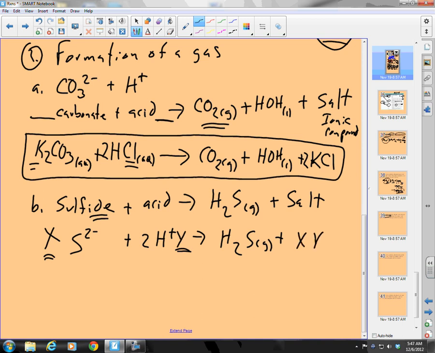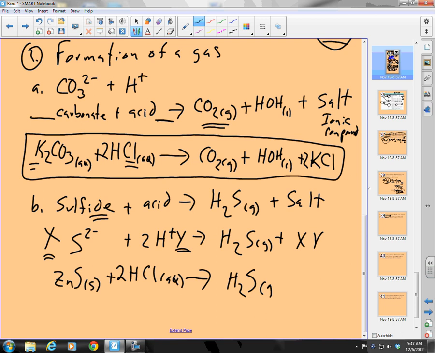Got it? Cool. And we could take something like, let's take solid zinc sulfide plus hydrochloric acid. It's going to form what? Well, it's going to form H2S. We're going to need two of those then, right?